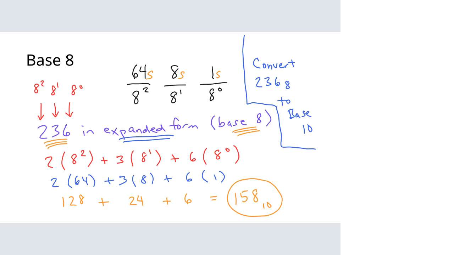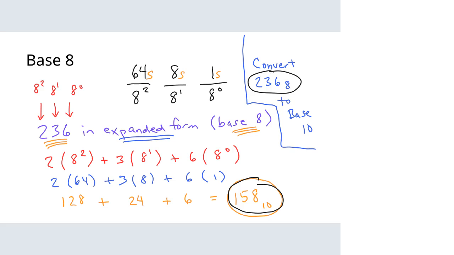These two things have the exact same value. So make sure that makes sense. What we're saying is 2 64s plus 3 8s plus 6 1s has the same value as 1 hundred, 5 10s, and 8 1s. We're saying those two things have the same value. They do.